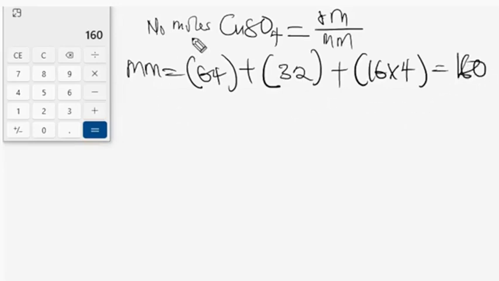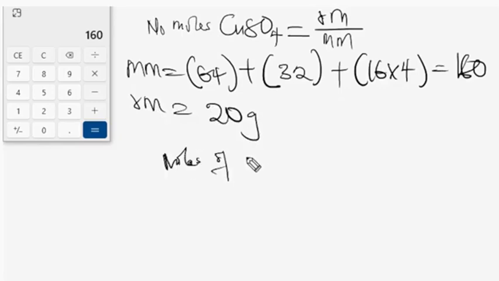So the reactant mass, guys, is given to us in the question, and that's 20 grams. So in order to find the number of moles of CuSO4, we are going to do the reactant mass, which is 20 grams, over the molar mass, which is 160 grams.